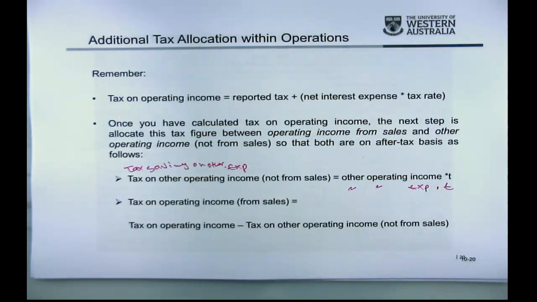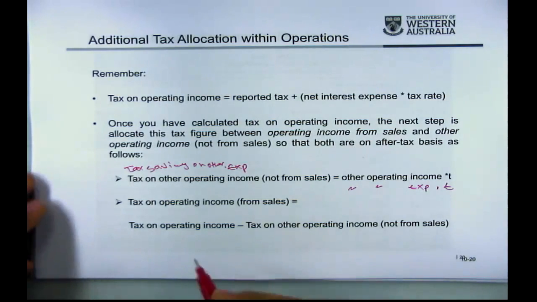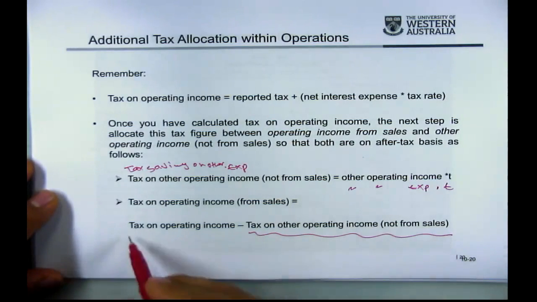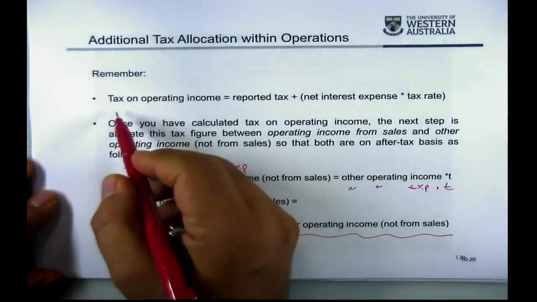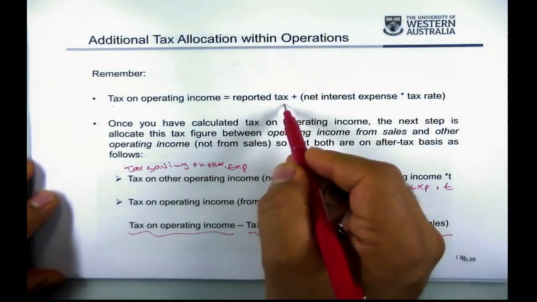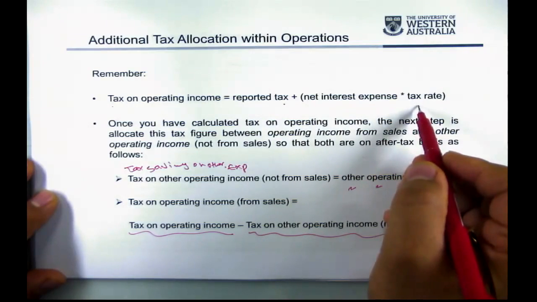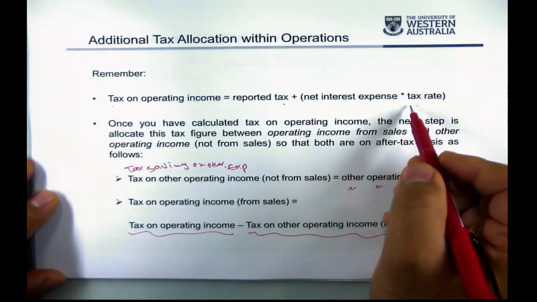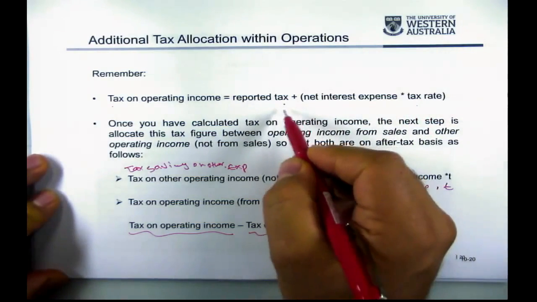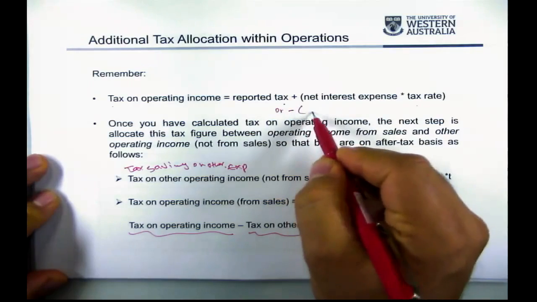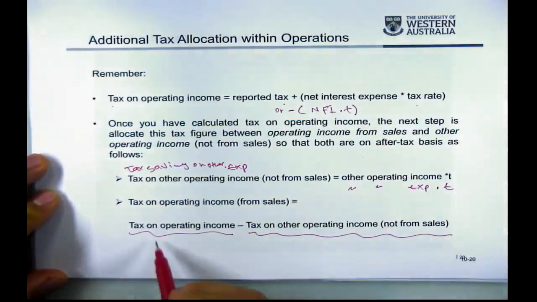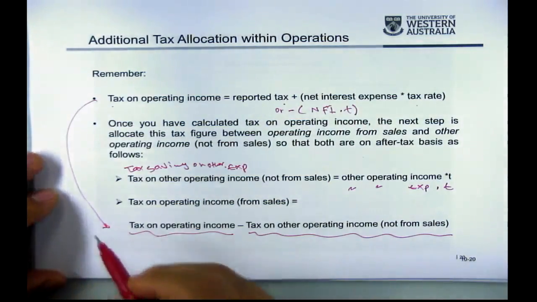Once we have calculated the tax on other operating income or the tax saving on other operating expense, we subtract it from the tax on operating income. Remember, tax on operating income is equal to reported tax plus the tax saving on the net financial expense, or minus the tax on net financial income, plus or minus net financial income times the tax rate. So this is the tax on operating income. This is the gross figure.